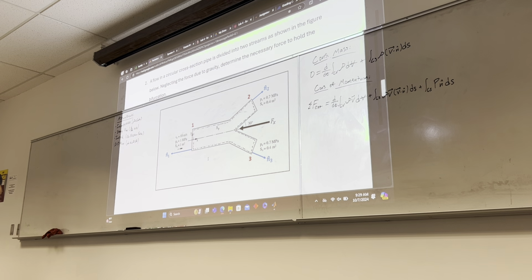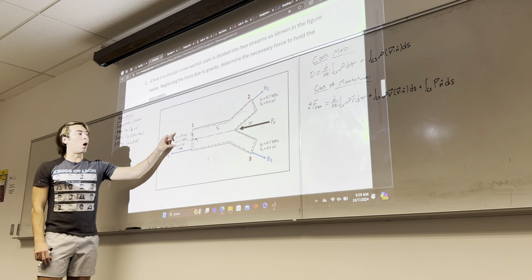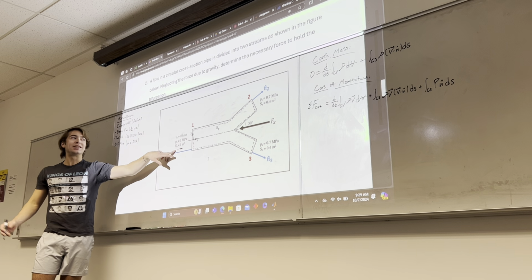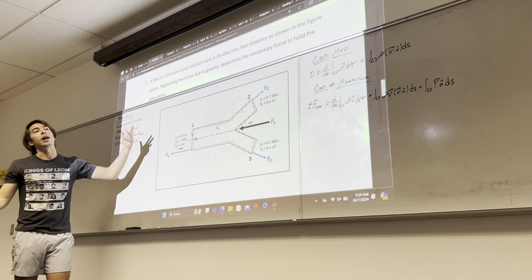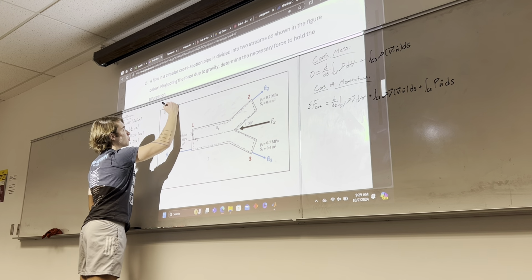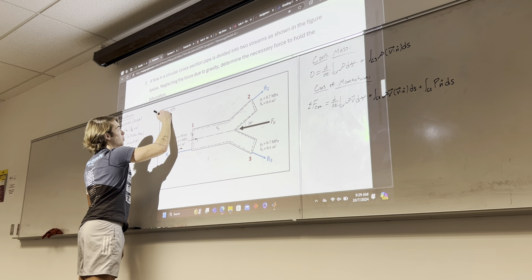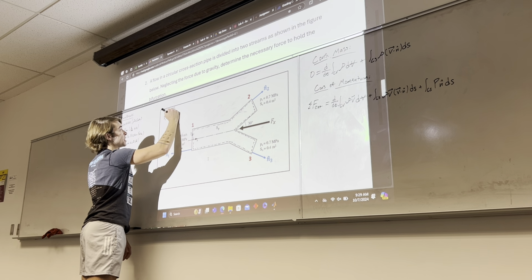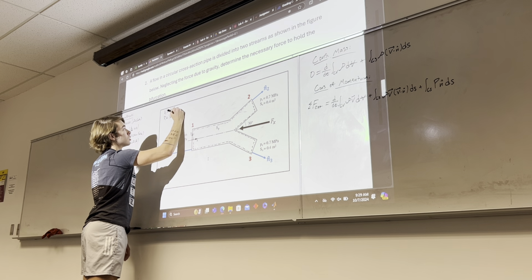Okay. But now, for the rest of this problem, I'm gonna call this V1, P1, A1, and I'm not gonna call it S. S, what is S? It's an A, it's area. Let's call it area. Okay. So V1 equals 10 meters per second. P1 equals, I'll say 1 times 10 to the 6th pascals.